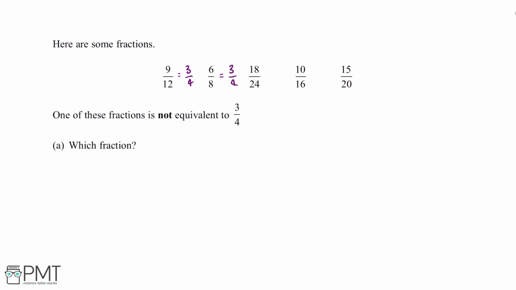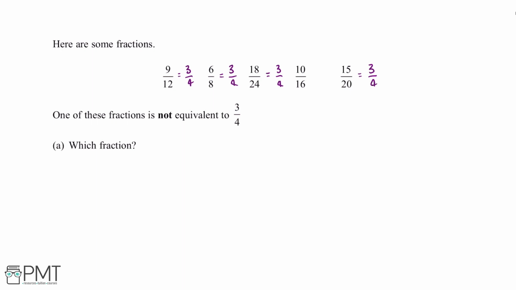So therefore 6/8 is also equivalent to 3/4. If we divide both the numerator and the denominator by 6 in 18/24, this also gives us an answer of 3/4. If we divide both the numerator and the denominator by 5 in 15/20, this gives us a fraction of 3/4.